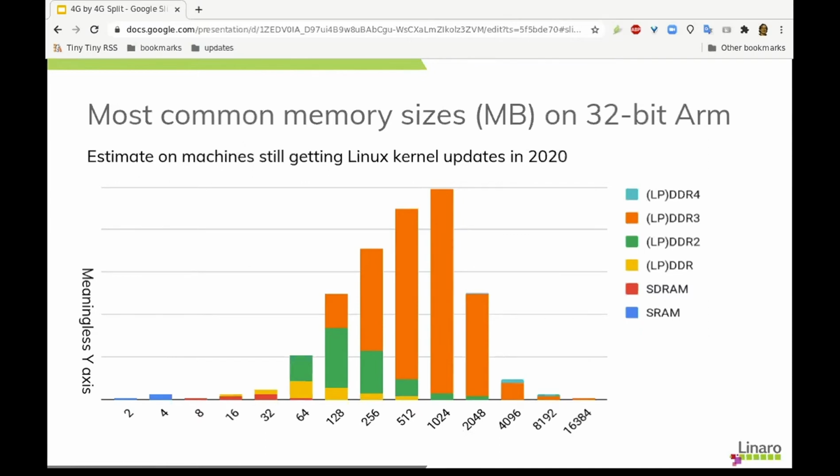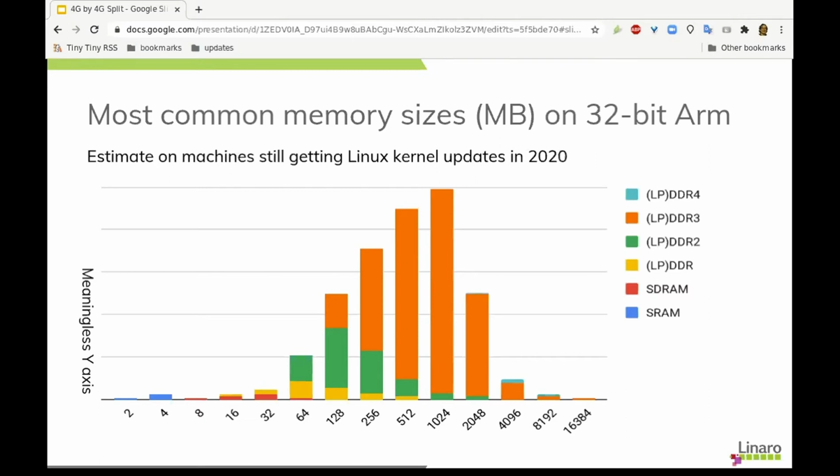I took a very unscientific look at what kind of machines people actually use on 32-bit ARM. In a talk I gave at the last Connect, I talked about how many machines are actually still in use with 32-bit ARM, and it's about half of the ones that we get patches for in the ARM SOC tree.